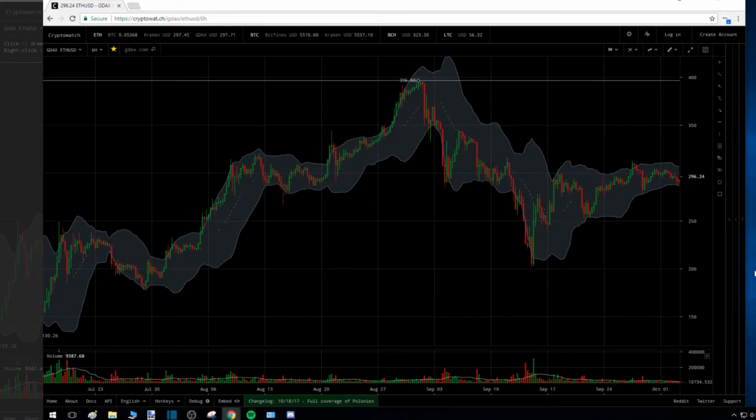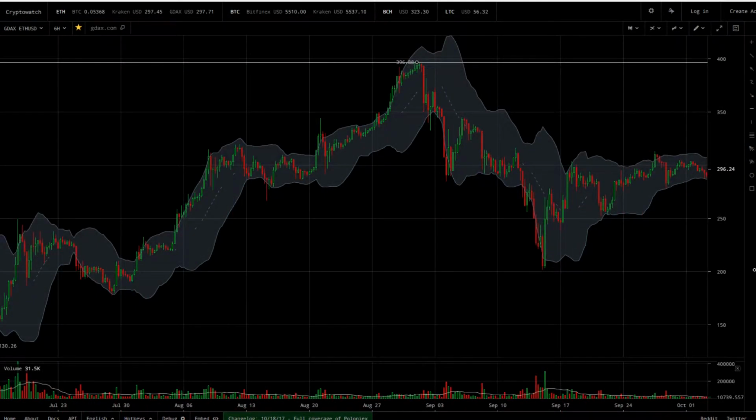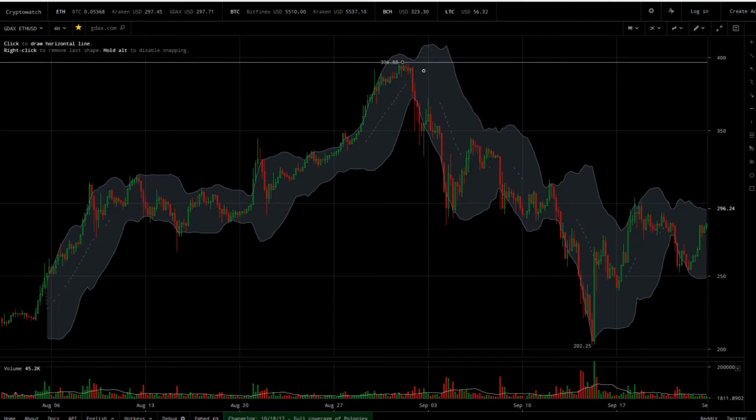If we look at the 6-hour, for example, we see a couple of candles actually tested this value. So we see 1, 2, 3, 4, arguably 5 tests of this line on the 6-hour. Likewise, if we zoom into the 4-hour, we see a couple more candles.